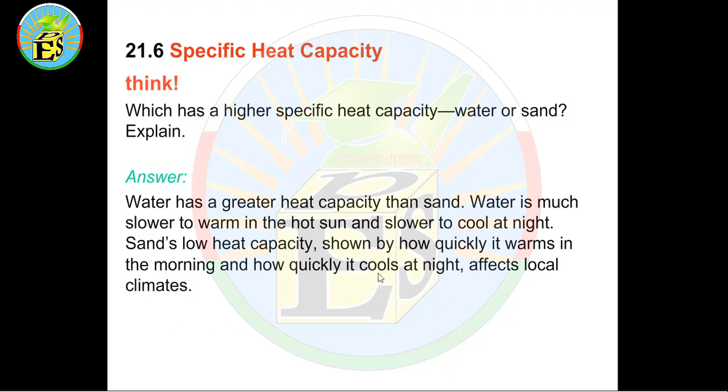So if we go out on the beach, the sand will warm faster than the water. You can't walk easily on the hot sand, but it's easy to move in the water, because the specific heat capacity of the water is high and that of the sand is low. So after sunrise, the sand on the beach will rise in temperature faster than the water.